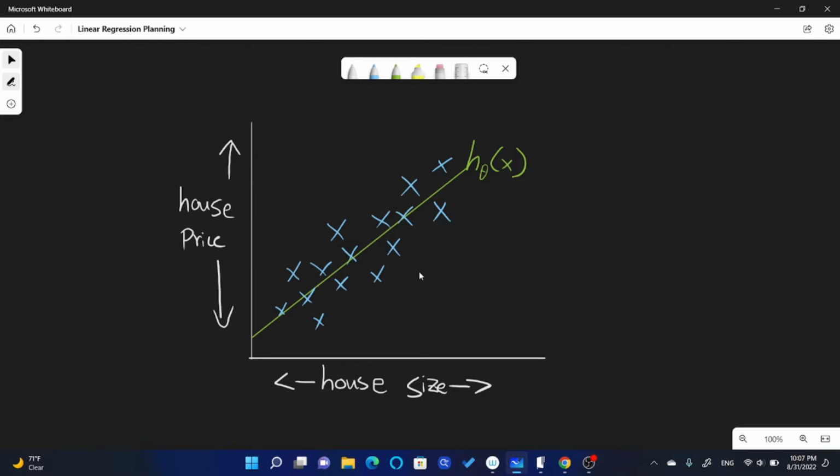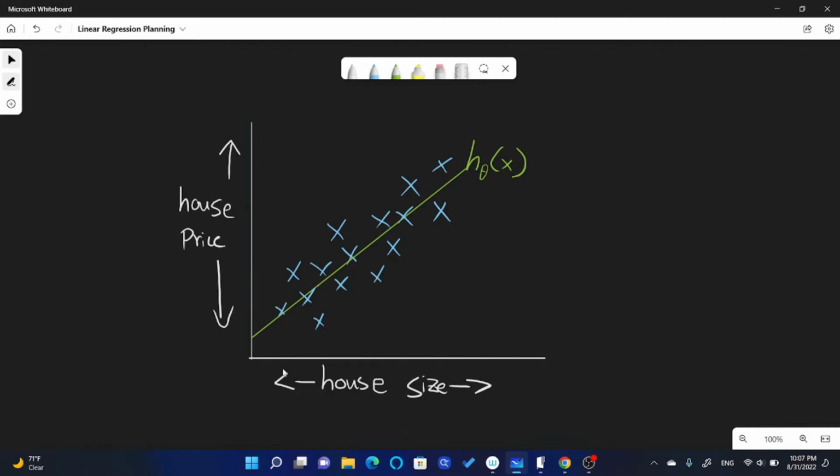On my screen I have a scatter plot of data points. On the x-axis we have the house size, and on the y-axis we have the house price. So what this means is that given a house size, we can see how much it costs.